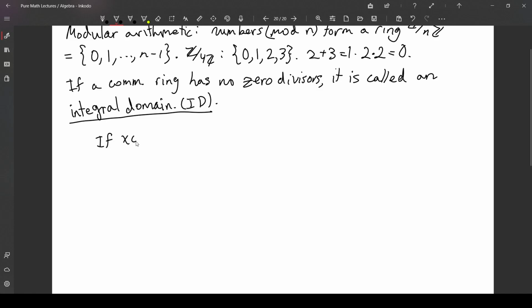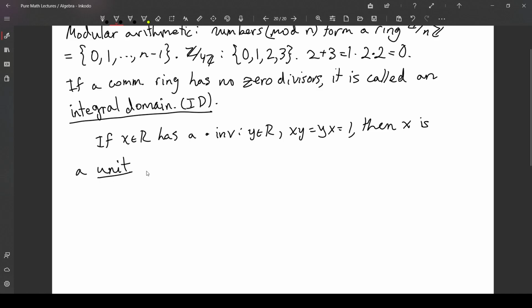So if x in R has a multiplicative inverse, that is some y in R, where xy equals yx equals 1, then x is called a unit, and R star denotes the set of units in R. So the elements that have multiplicative inverses in R. Note that R star is necessarily non-empty because 1 is its own inverse. So 1 is always in R star.